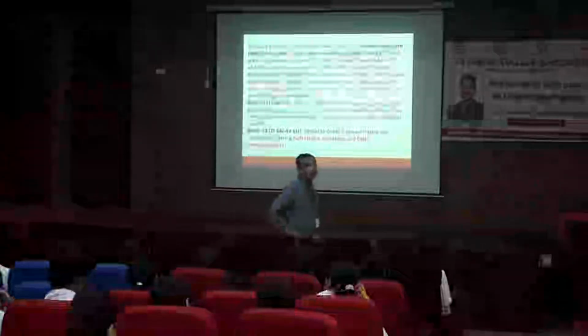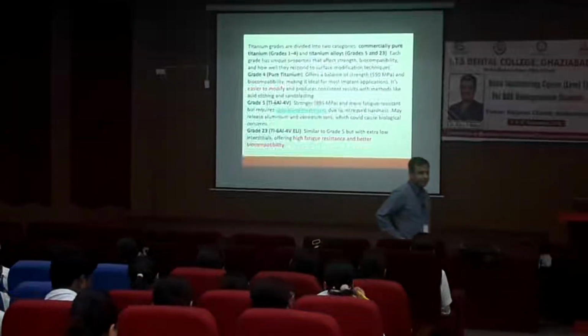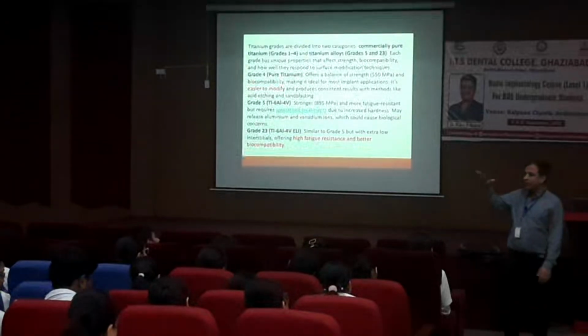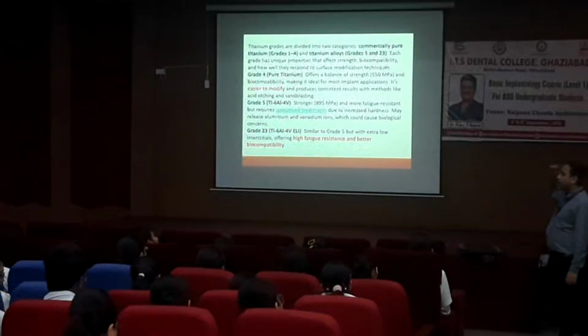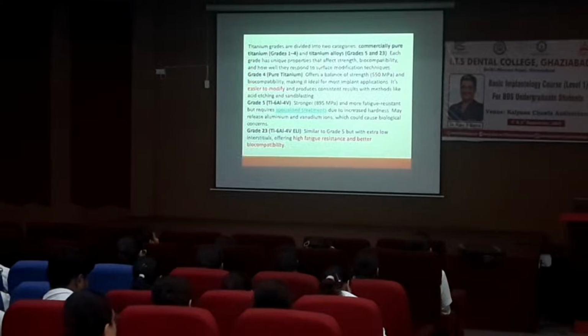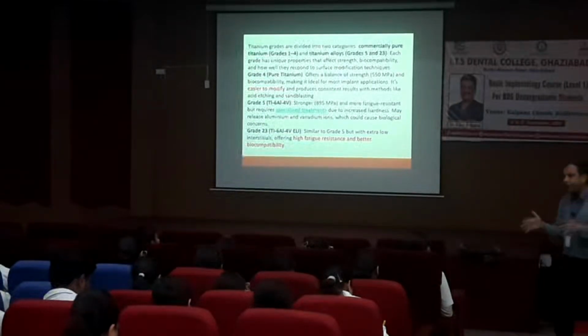Those are extremely weight-bearing joints. They have an impact on the quality of life of the patient. There they don't take any risk. A lot of implants you see there are grade 23 titanium implants. In dentistry, most of them are grade 4 and grade 5. Grade 4 is a little easier to process. So all the cheaper implants will also mostly be grade 4 implants.